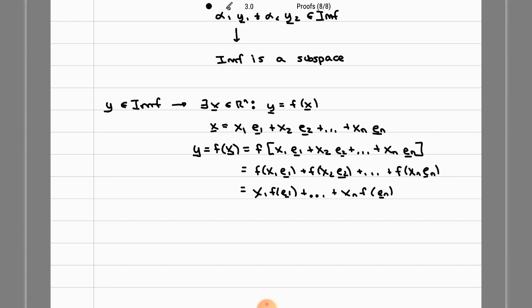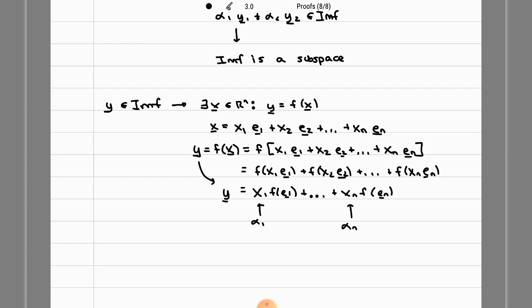So by writing it in this form, we're saying that our y vector here is a linear combination of f of e1, f of e2, etc., where the coefficients of the linear combination, so what we usually call alpha, are x1, x2, and so on. So essentially this is your new alpha 1, and this is your alpha n.